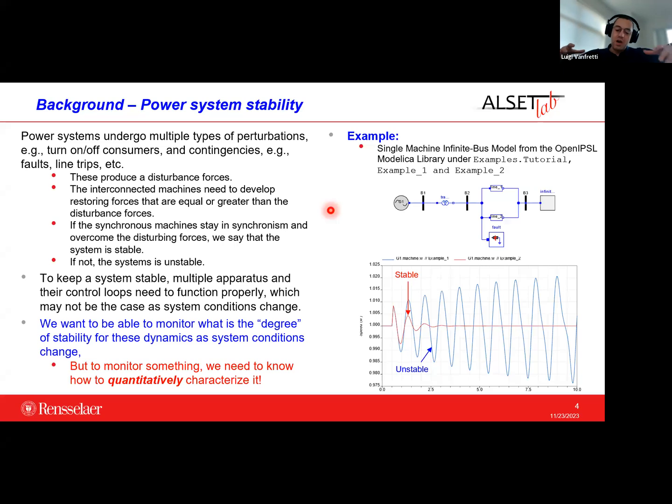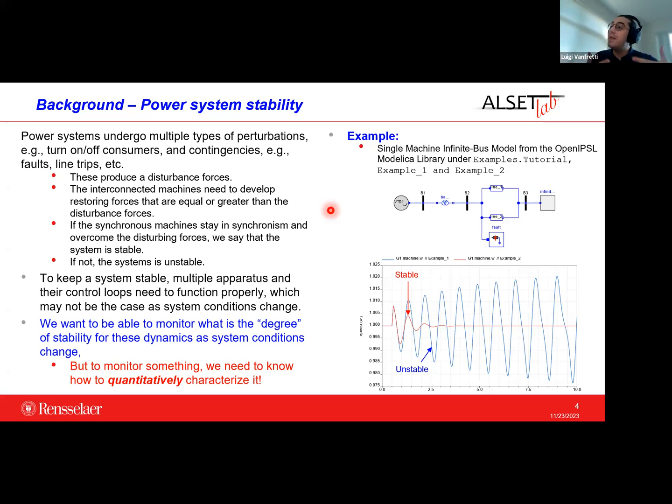I'm talking mostly about conventional generation, but it's the same thing if you have wind or PV generation. They still have to be synchronous. They still have to produce an output that is 50 hertz.